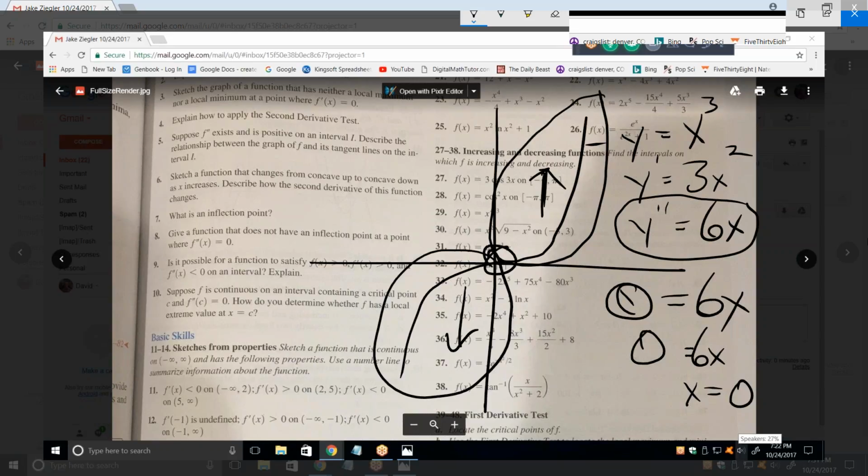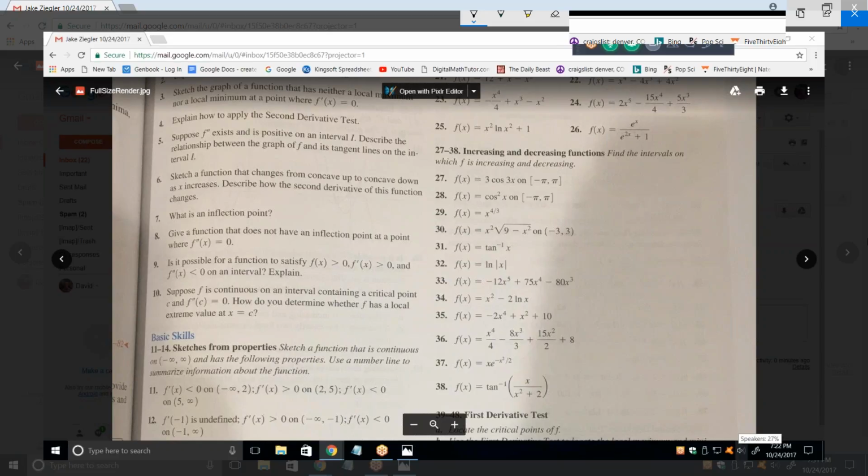Whenever x is negative, the second derivative is negative, concave down. And whenever x is 0, the second derivative is 0. That's an inflection point. So this really illustrates everything about first and second derivatives, concavity, and inflection points. All right, let's keep going because I want to get to these word problems.